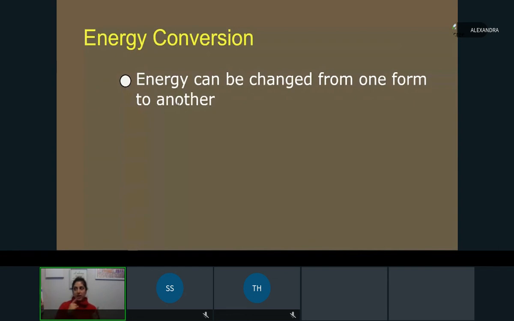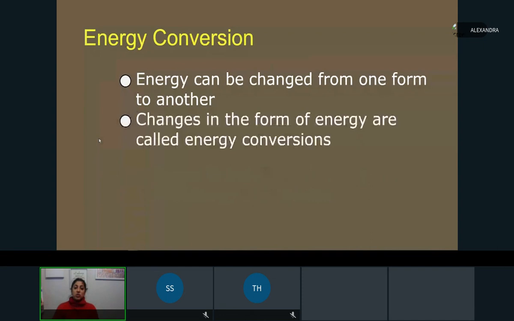It goes from one form to another, which is why when we use solar energy, we're using thermal energy, that infrared, and we turn it into chemical energy. Same thing with mechanical energy from the wind turbines, right? So changes in the form of energy are called energy conversions.